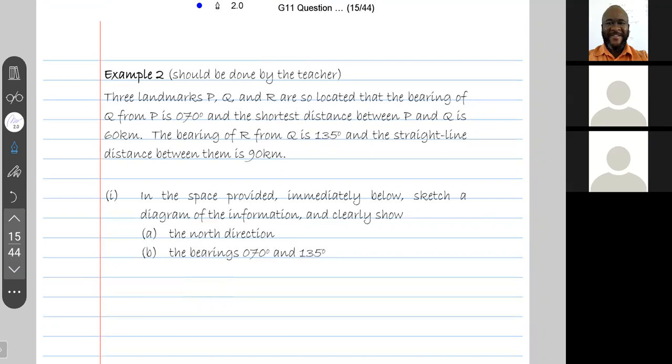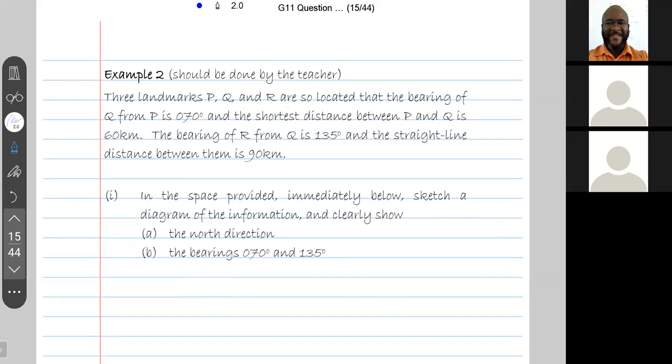This says three landmarks P, Q, and R are so located that the bearing of Q from P is 70 degrees. The shortest distance between P and Q is 60 kilometers. I'm going to draw the diagram.